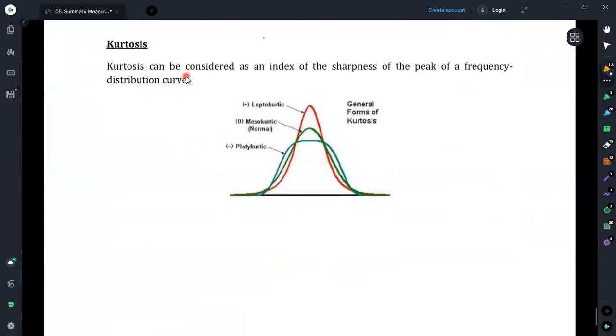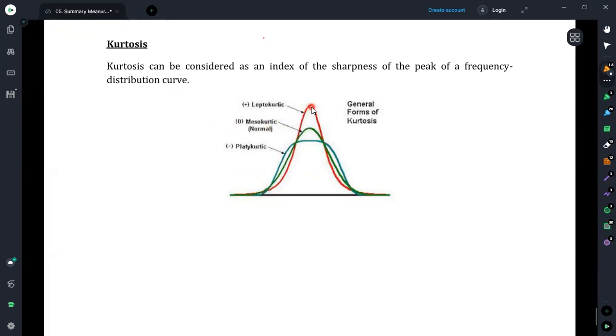Kurtosis is considered as the sharpness of the peak of a particular distribution. Generally, we can see that some distributions have a very sharp peak, some have a normal peak, and sometimes the peak is quite flat. If you take a normal distribution as the reference, having kurtosis as 0, then it is said to be a mesokurtic distribution.